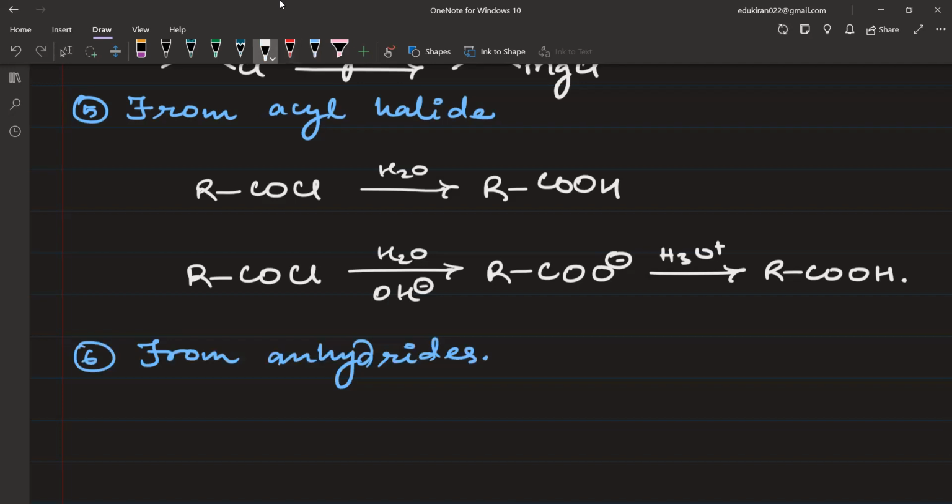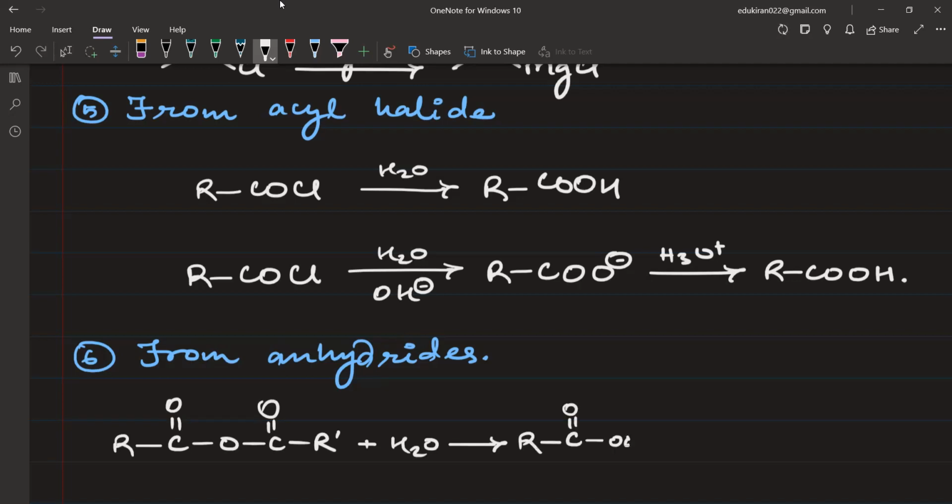We are going to use anhydrides such as R, C double bond O, oxygen atom, then again C double bond O, and there will be R dash, plus H2O. So I will get two carboxylic acid units. One will be with R and the other will be with R dash. So we'll have R, C double bond O, OH, plus R dash, C double bond O, OH.